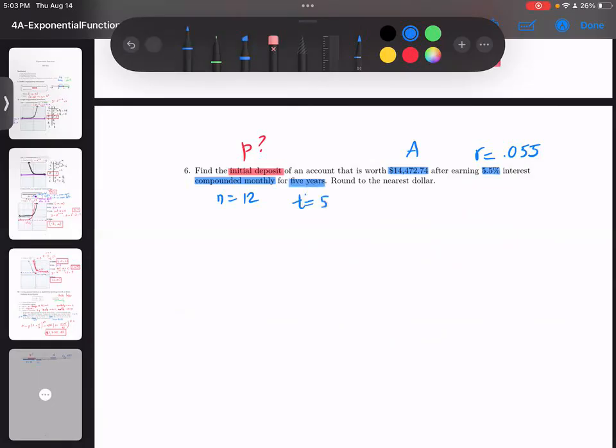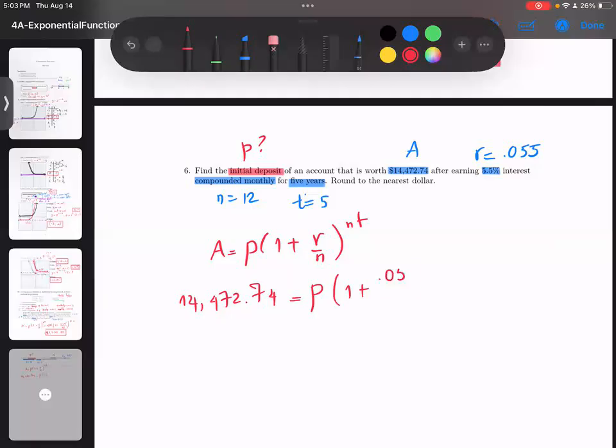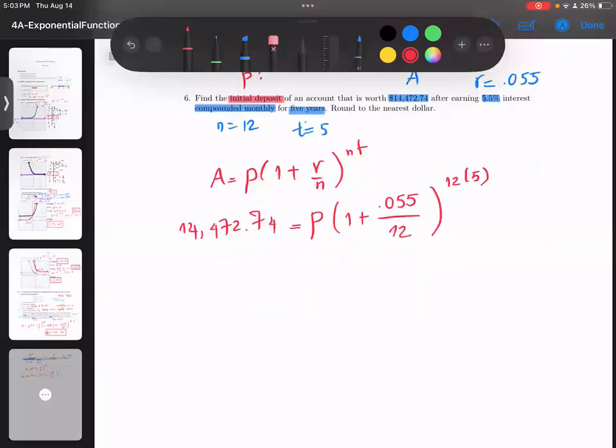Okay. Let's plug it in. A equals P(1 plus R over N) to the NT. So A is 14,472.74. P is what we're looking for. 1 plus rate 0.055 divided by 12, to the 12 times 5. Let me do it slowly for the sake of the notes.